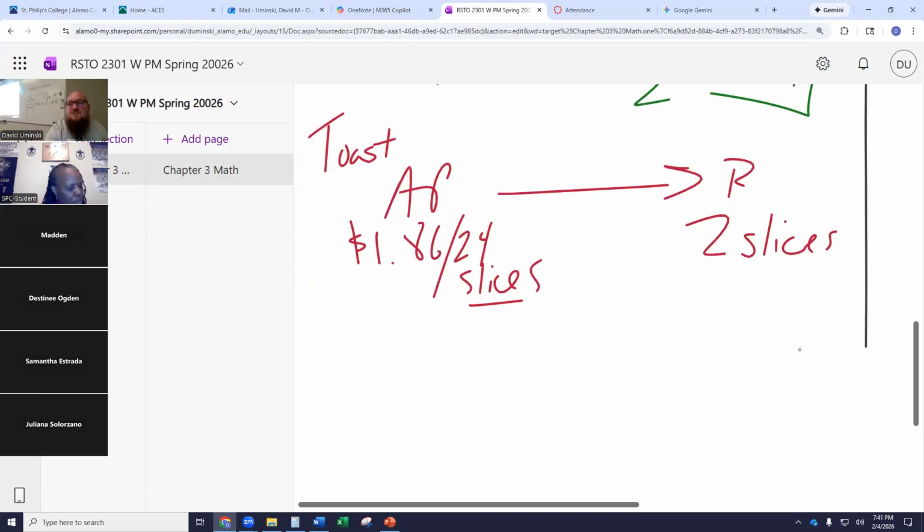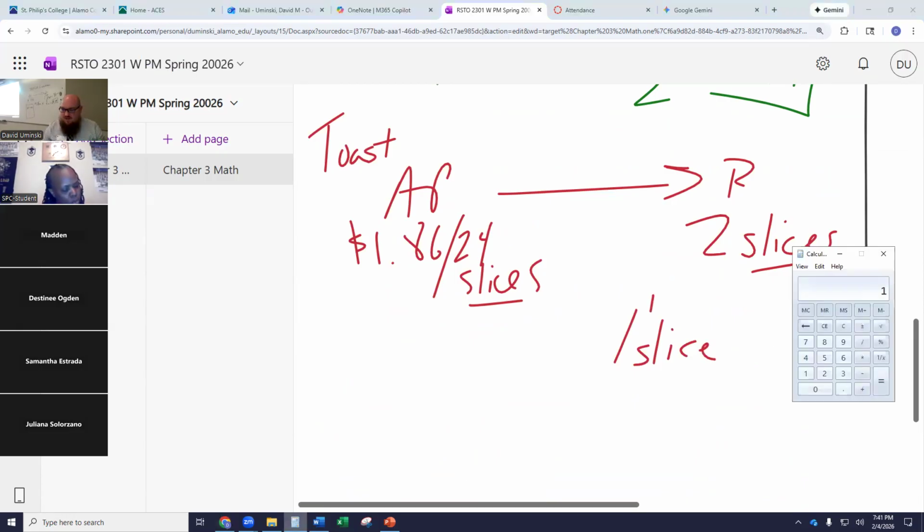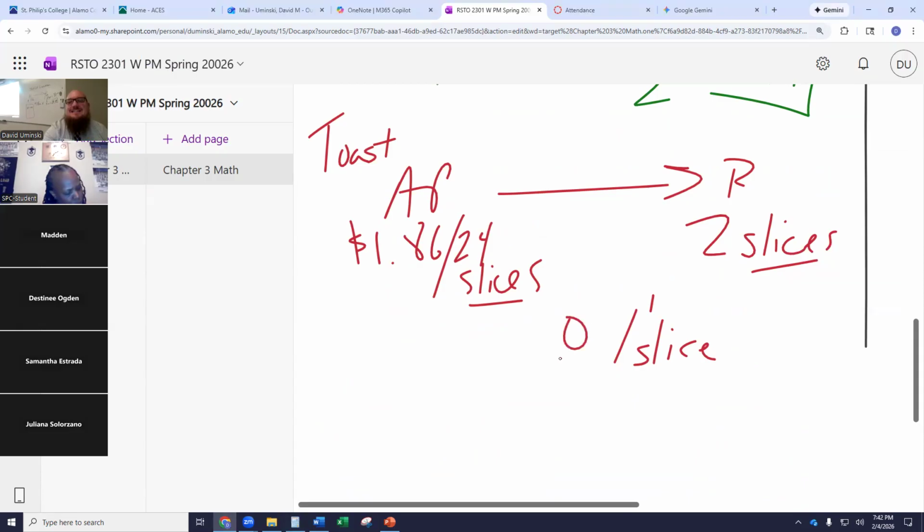Do my units match? Yes. Okay, awesome. So now we're going to get down to the cost of just one slice. That's all we need. So $1.86 divided by 24 is going to be 8 cents per slice. See how that goes?